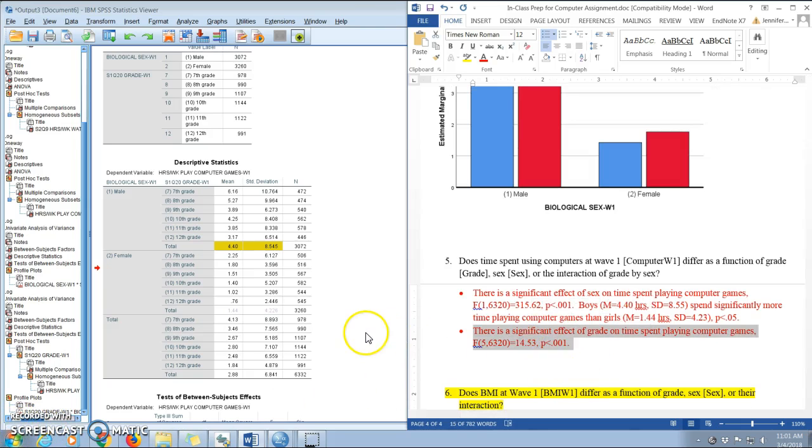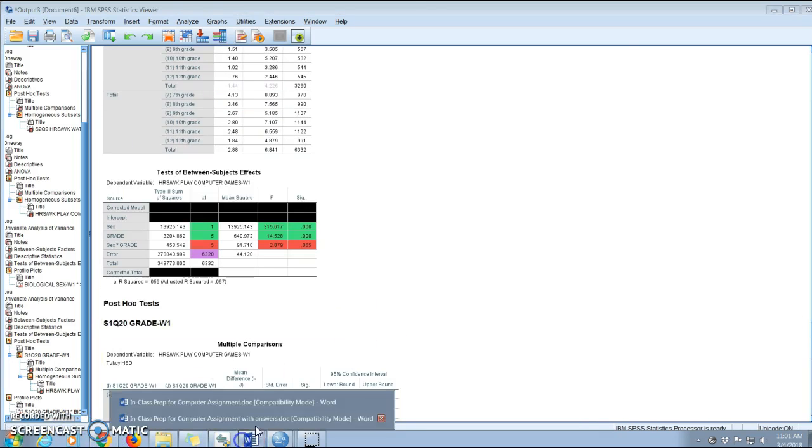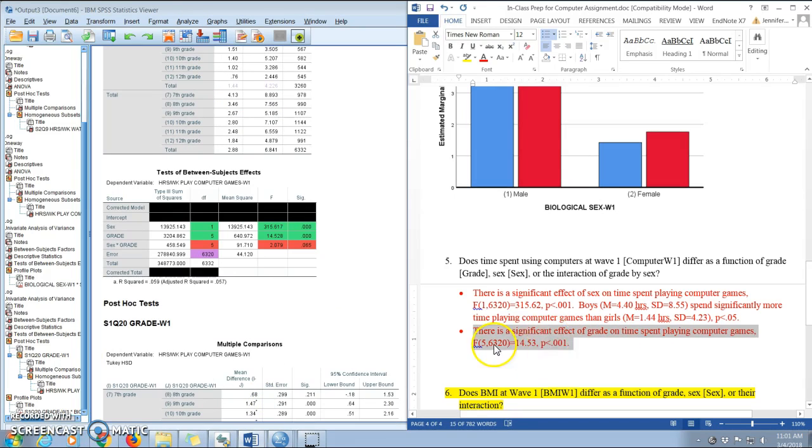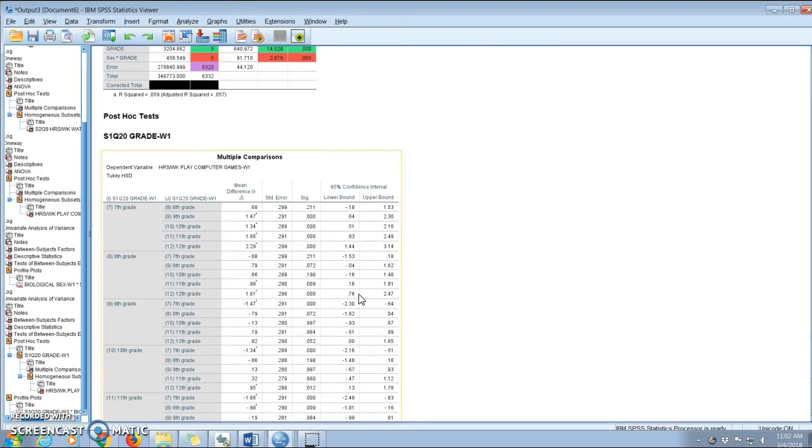So the next thing we'll do is write this sentence that explains what we found for grade. And so you can see that there is a significant effect of grade on time spent playing computer games. F with 5 and 6320 equals 14.53, P less than 0.001. Okay, now writing out the findings from the post hoc for this one is really complicated.